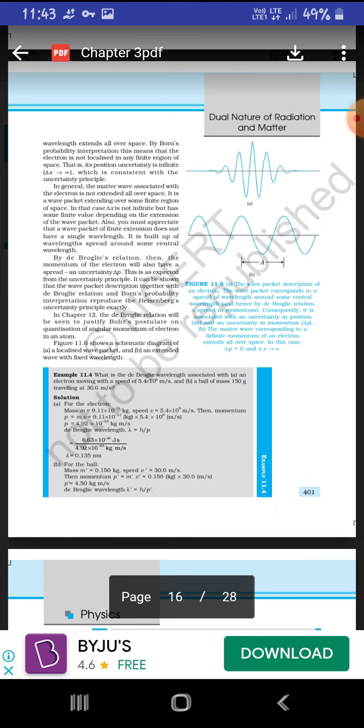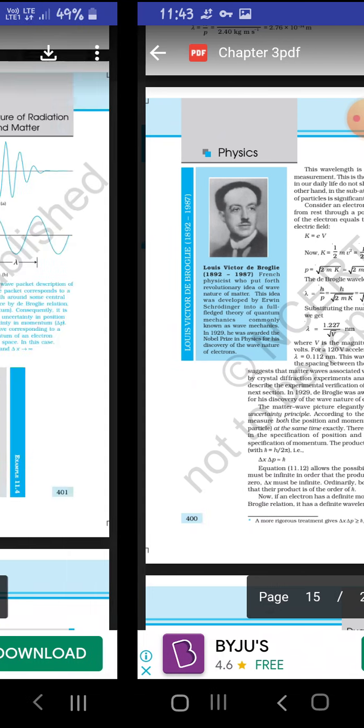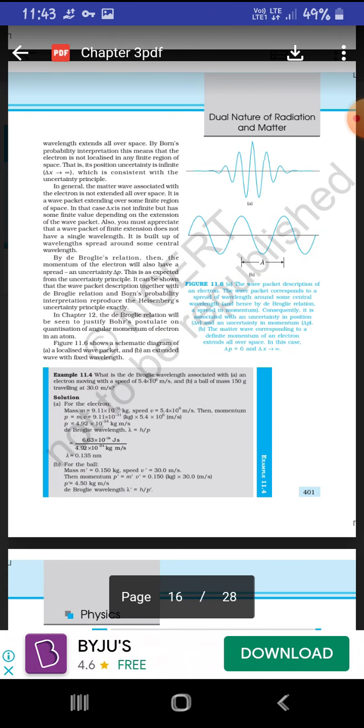It is a wave packet extending over some finite region of space. And here delta x is the uncertainty of the position. We came to know that it is not infinite but has some finite value.